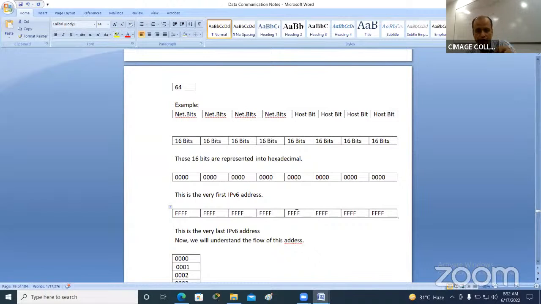In every group, we are using 16 bits, and with 16 bits we can form a maximum of 4 hexadecimal characters. That's why in every group there are 4 hexadecimal values. The first value will be 0000 and the last value will be FFFF. Fine.